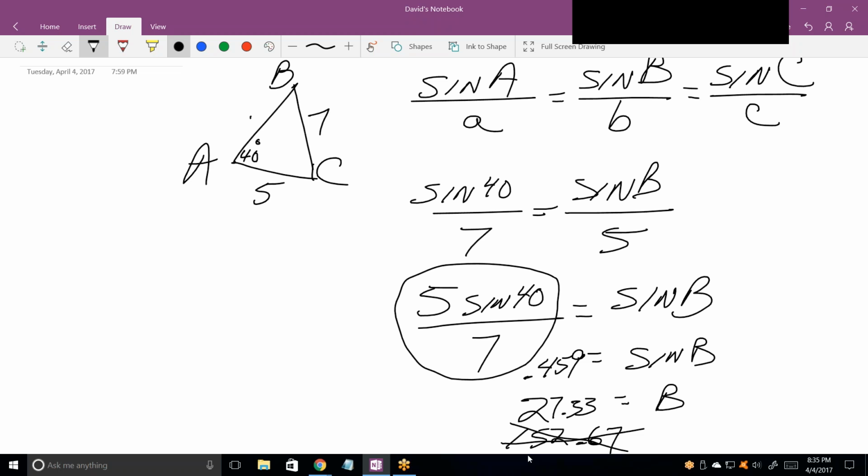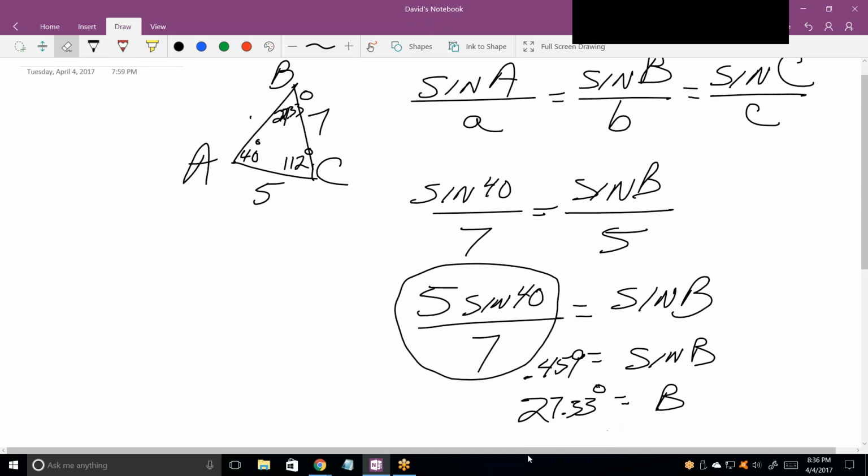We'll do one here in a second that I happen to know works. Okay, let's finish this one though. So we get B is 27.33 degrees. What's that make angle C? It's 112.6. All right, we won't worry about the decimals. Now we've got 5 pieces of this triangle solved.